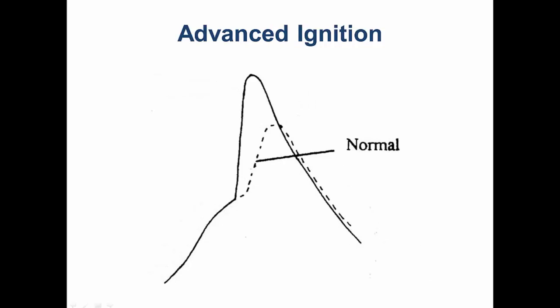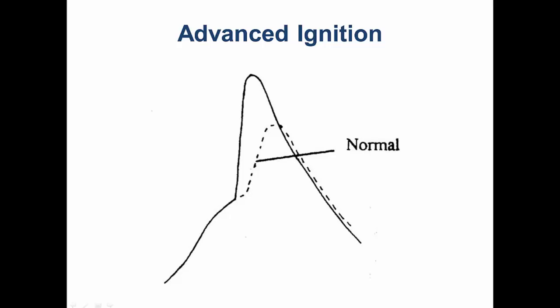Now, advanced ignition, you get a much different card. You can see on this where ignition occurred prior to top dead center, and I will get a very high Pmax peak, a fairly dramatic rise in the Pmax. That's because as the piston is moving up, your volume is rapidly decreasing.